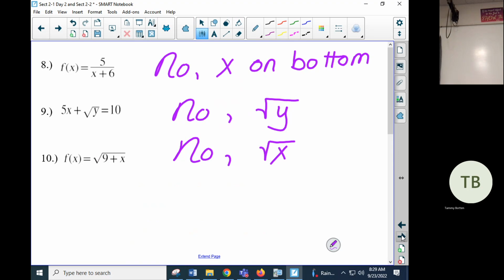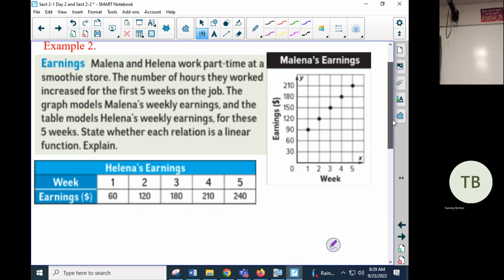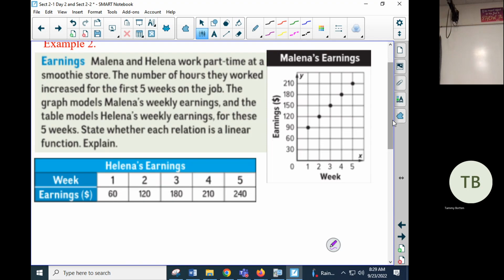Okay? All right, so this is the second thing that we're gonna learn in this section. They're giving us 2 different scenarios. It says Melina and Helena worked part-time at a smoothie store. The number of hours they worked increased for the first 5 weeks of the job.